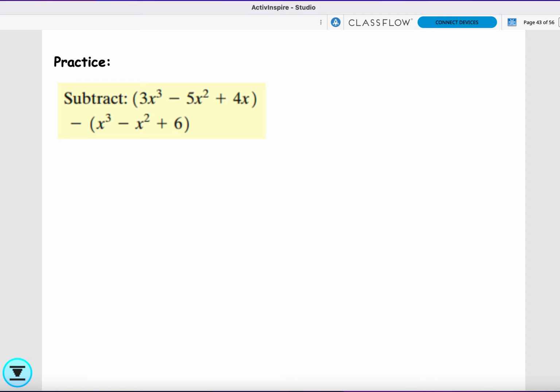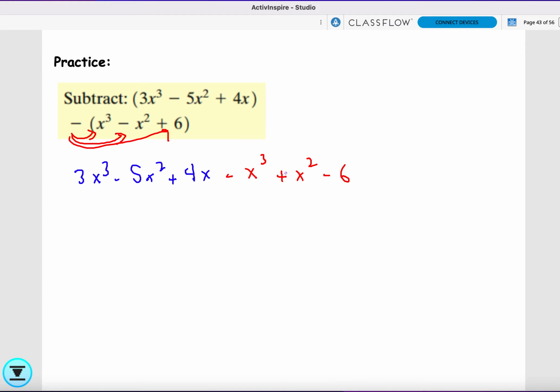Alright, here is some practice problems, guys. Here's the first one. So don't forget we have 3x cubed minus 5x squared plus 4x. And then we're going to go ahead and distribute this minus sign to all these three terms. So x cubed becomes minus x cubed, minus x squared becomes plus x squared, plus 6 becomes minus 6.